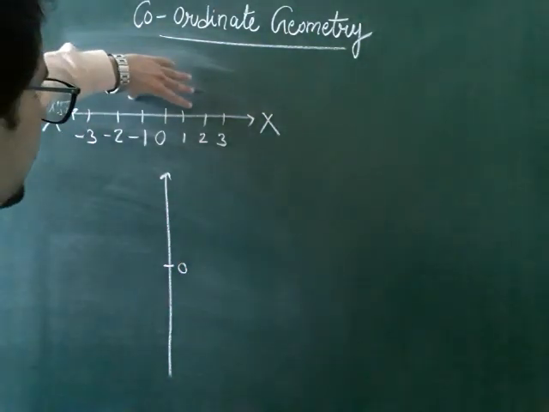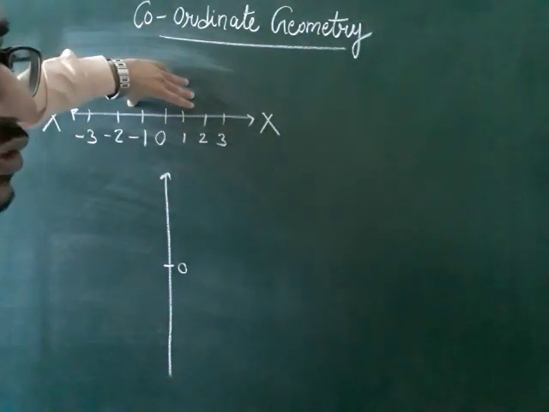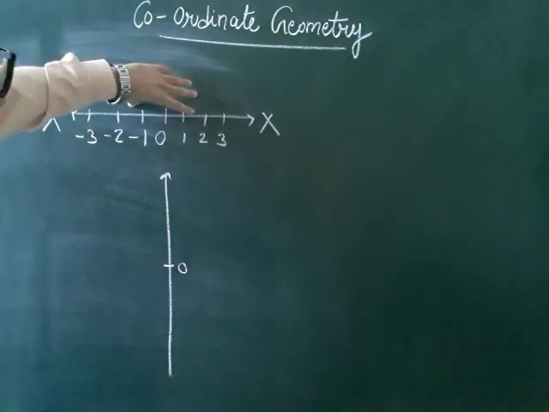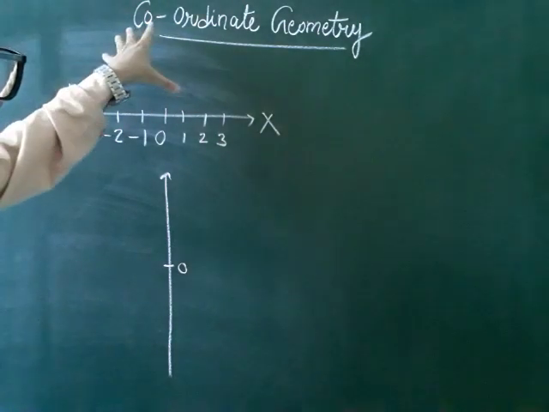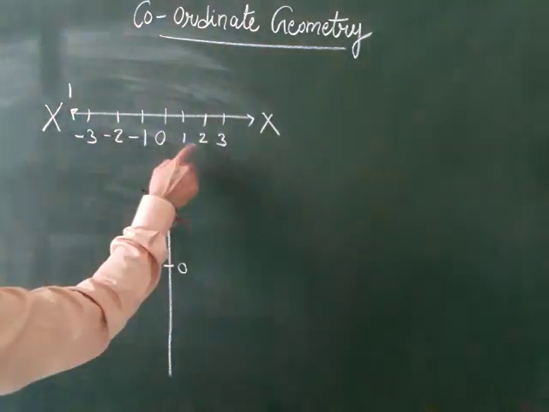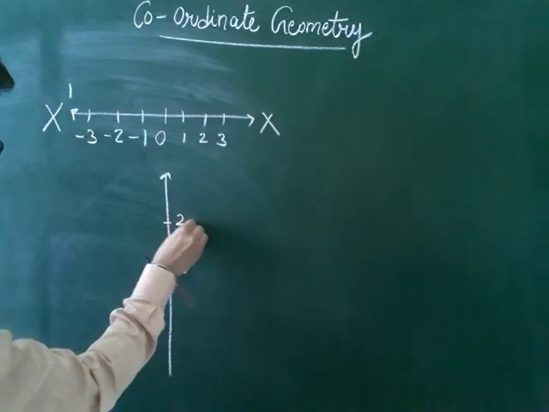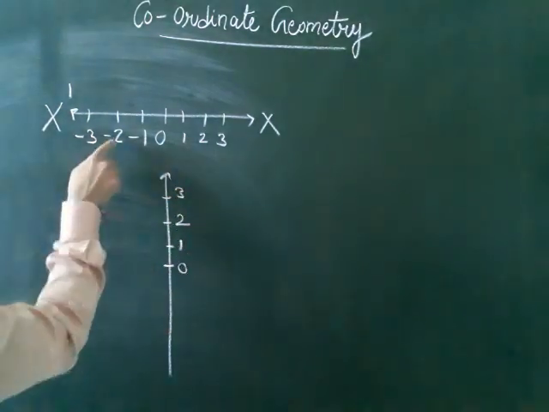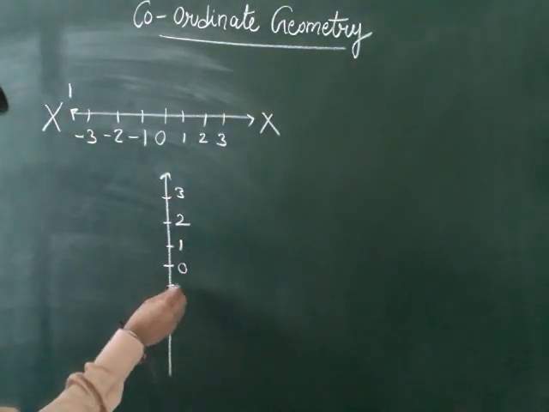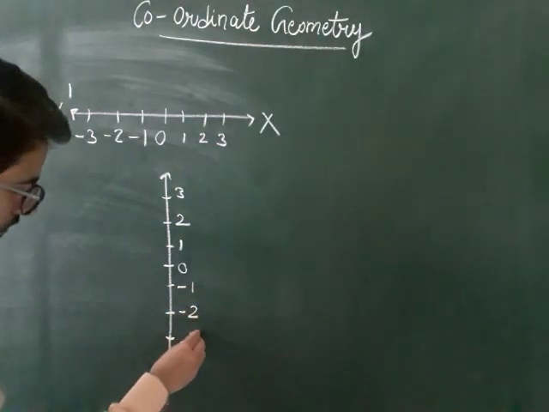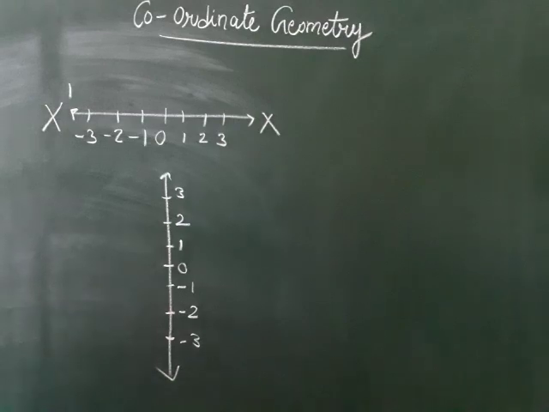When we rotate this number line vertically by 90 degrees in the anti-clockwise direction, it will move like that, and the positive integers will be here 1, 2 and 3, and the negative integers will be in the lower part of the number line, -1, -2, -3 and so on.